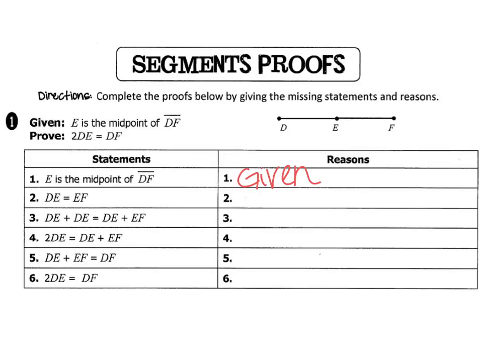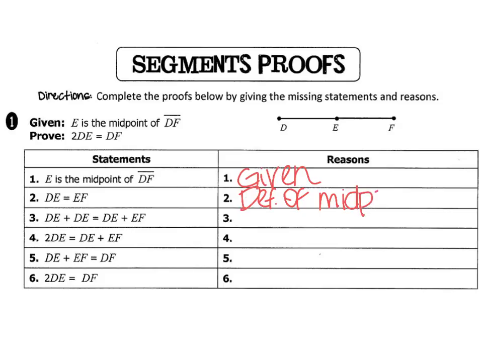And how do we know this? Why is the measure of DE equal to the measure of EF? If you said because it's the midpoint, that is right. Because E is the midpoint, we know that the measure of DE is equal to the measure of EF. So our reason for this would be definition of a midpoint.